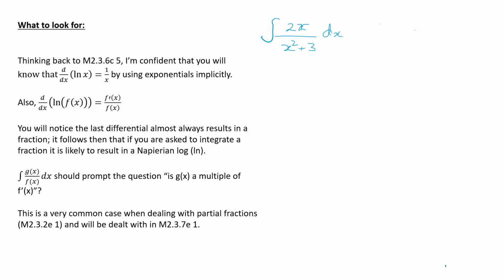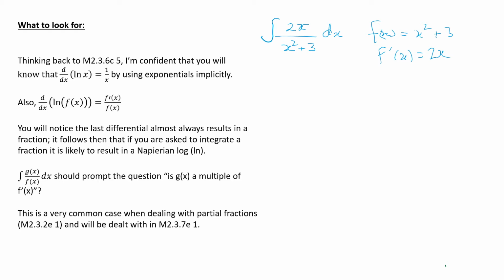So I would always, if I'm integrating this sort, decide what my denominator is, f of x in this particular case, because it's easier for me to write. So f of x equals x squared plus 3, and that means that f dashed x, my differential of that, is 2x.